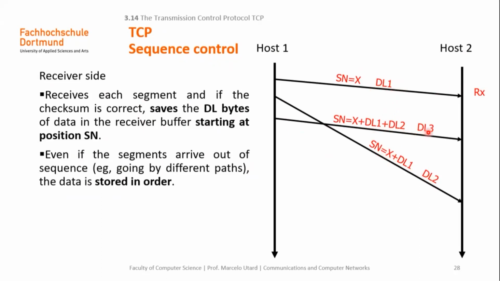In that way, this mechanism reorders the data that arrives out of order, or in a different order than the order in which the segments were transmitted in the source system.